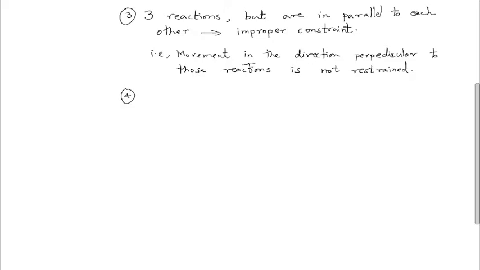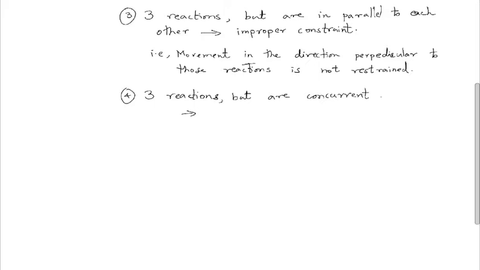And number 4 was to check if you have three reactions, and it passes steps 2 and 3, but the reactions are concurrent, which means the forces pass through a single point in that plane.